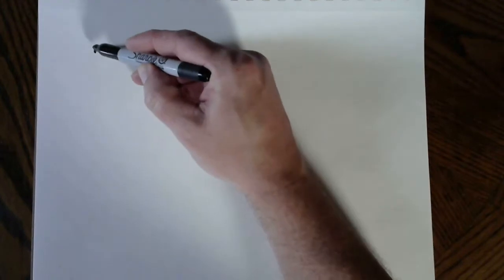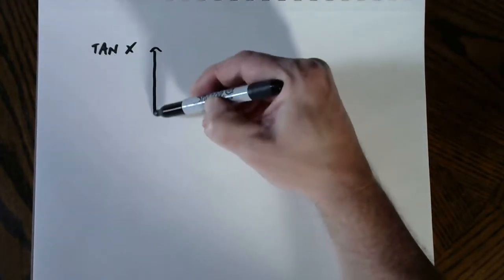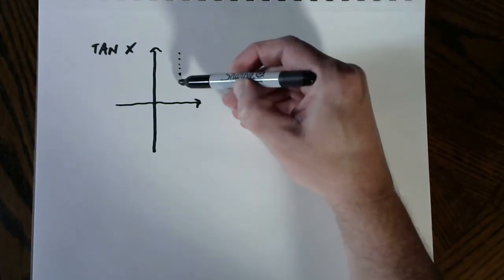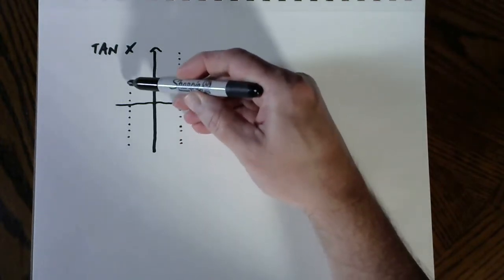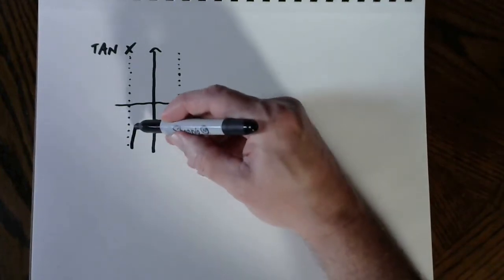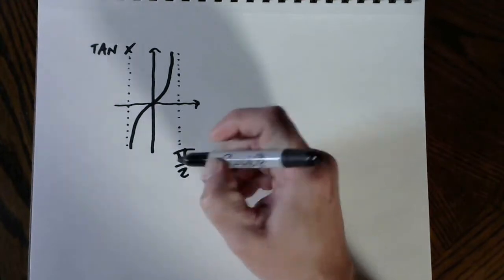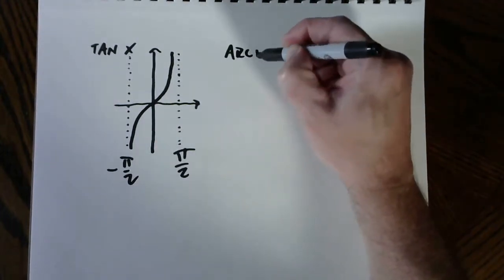So if I think about the tangent function, one cycle, pi over 2, negative pi over 2, okay? And I think about the inverse, or I'm going to call it the arctan.